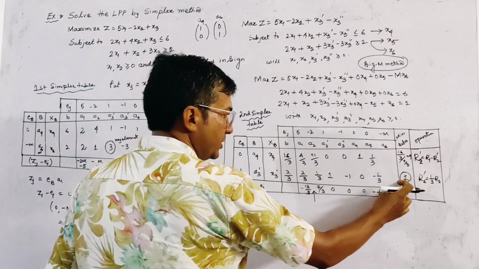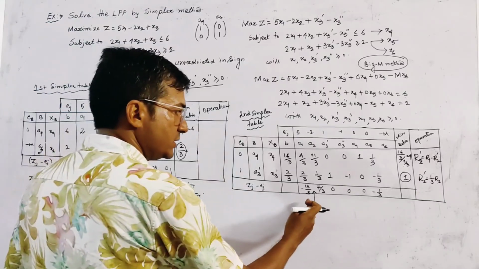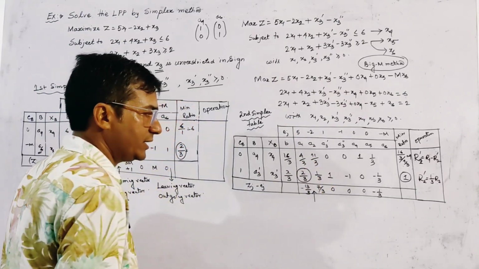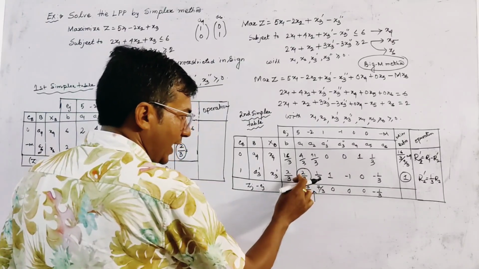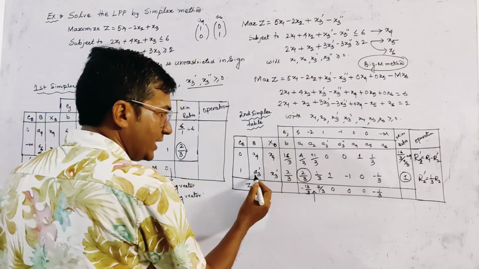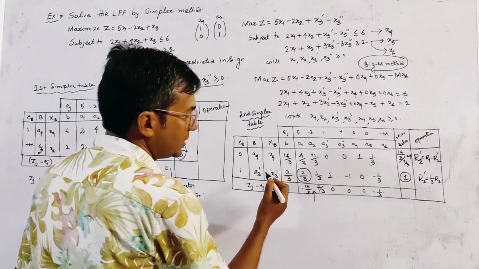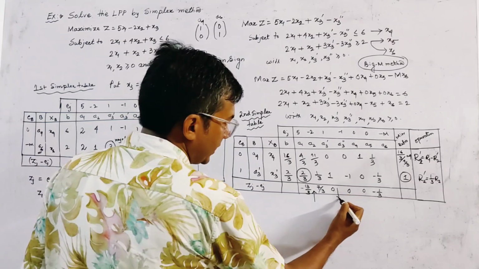And since this is minimum, this is the key row and this is the key column, and 2/3 is the key element, right? And since this is the key element, we clearly say that A3 dash is the outgoing vector. Okay, and now we symbolize A3 as the outgoing vector.